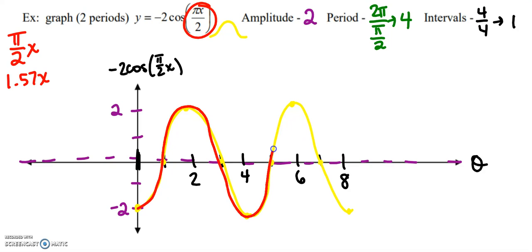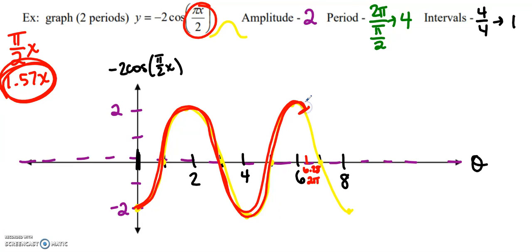There's another half of a rotation and a little bit more by the time I would have gotten to 6.28 or 2 pi. So remember, this tells you how many rotations you're going to get in the normal time of a cycle of 2 pi.